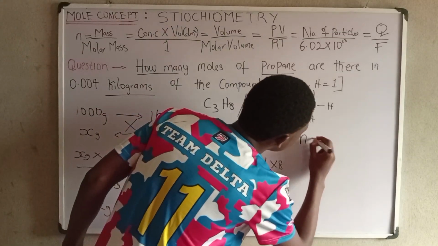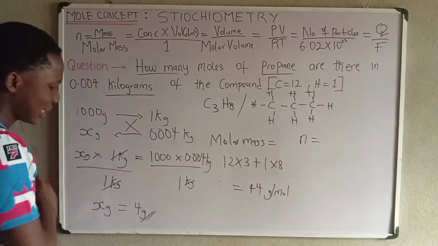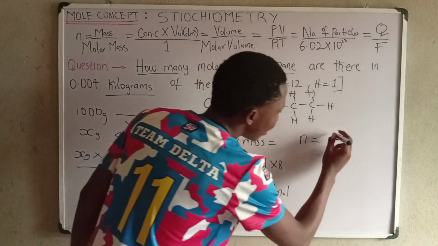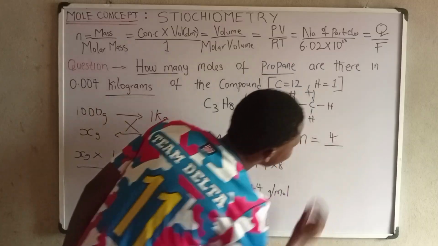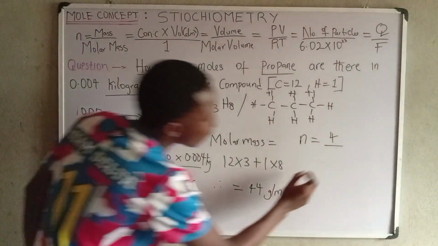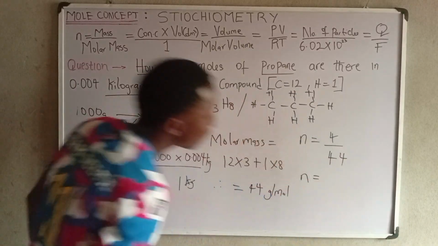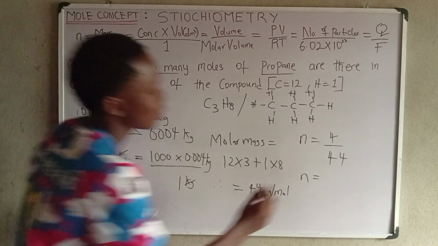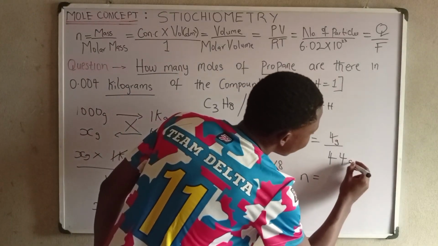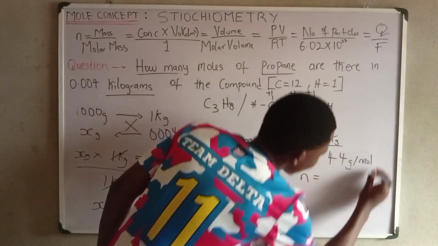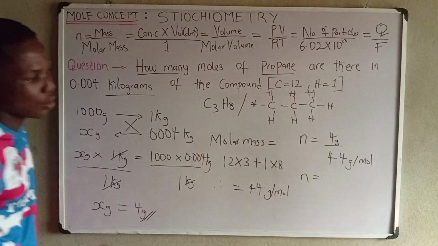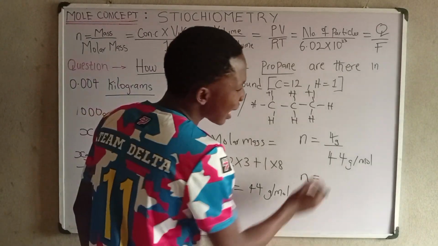Number of moles is equal to what? Mass. We've gotten our mass. It's already in grams. We converted 4 grams over what? Molar mass is what? 44. Are we good? So therefore, our number of moles is equal to what? Always remember to put your unit. Okay. So now, if we divide through, we can easily cancel the grams.